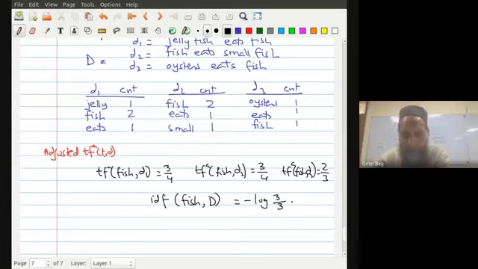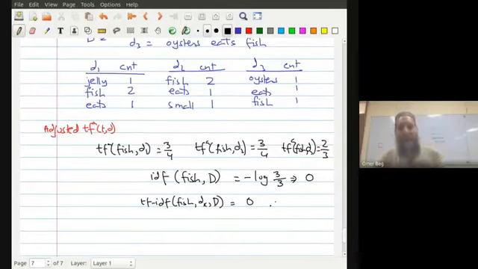That's 3 over 3, so that turns out to be 0. Similarly, TF-IDF of fish for any document in this document set would turn out to be 0, because for all documents, IDF is 0.